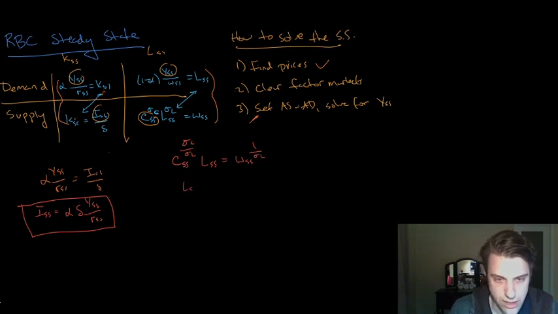So we get LSS is equal to WSS to the 1 over sigma L, CSS to the minus sigma C over sigma L. And now I'm ready. I can plug in LSS up there. So we'll get 1 minus alpha YSS over WSS equals WSS to the 1 over sigma L, CSS to the minus sigma C over sigma L.